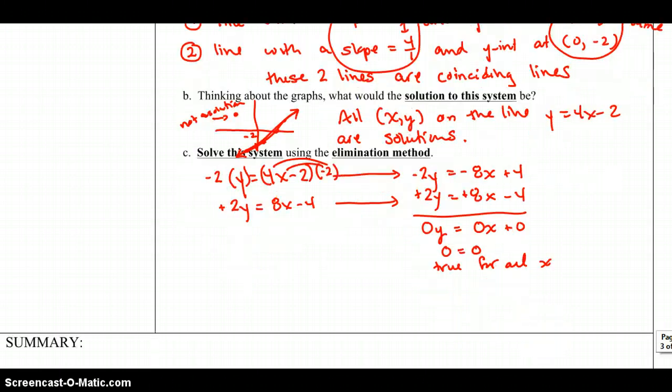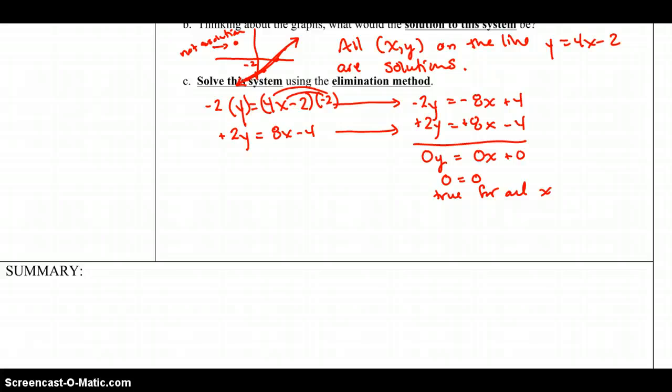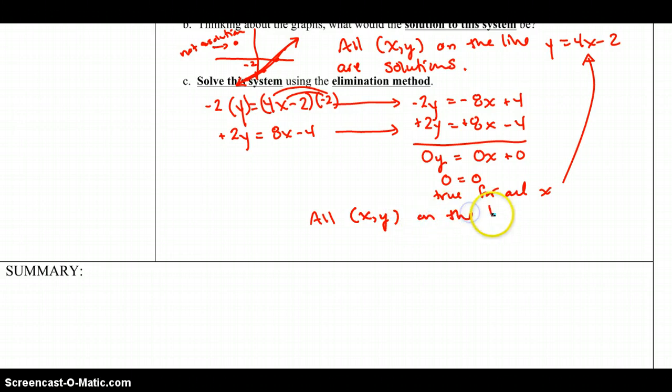But again, we're not after just an x, we're after an ordered pair. So any x will work, but to be a solution to the system, that x has to work when it's plugged into this equation. So all x, y on the line y equals 4x minus 2 are solutions.